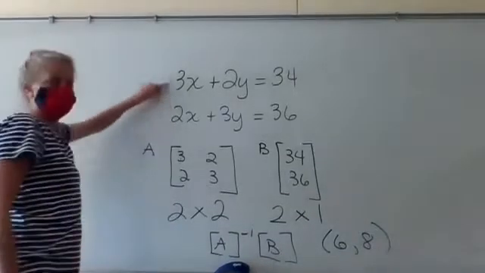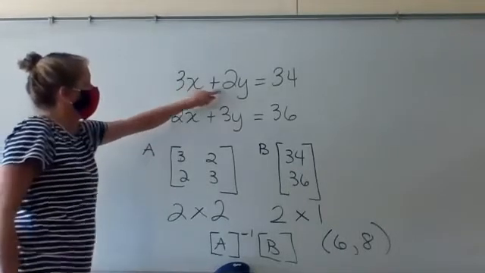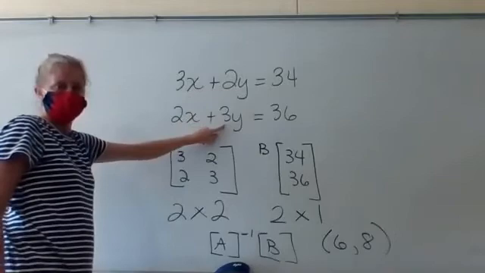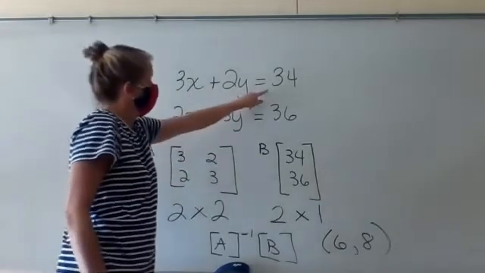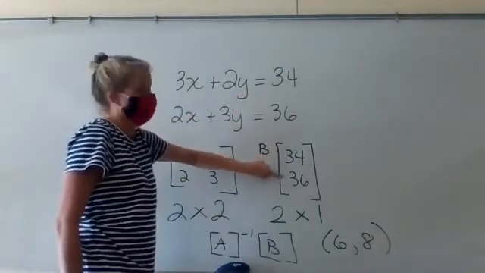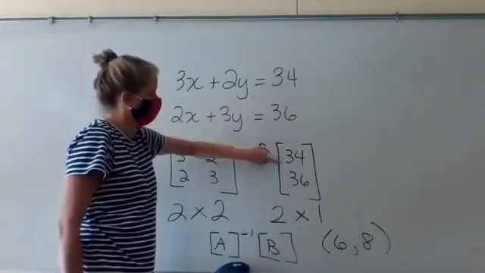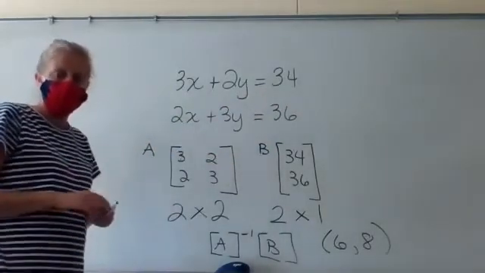You'll have your 2 equations. Matrix A will come from those numbers, 3, 2, 2, 3. So you'll edit matrix A. Then you'll edit matrix B and use what's on the other side, 34 and 36. So that's both in the edit mode, right?